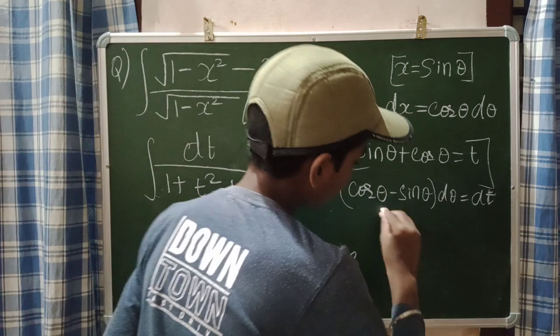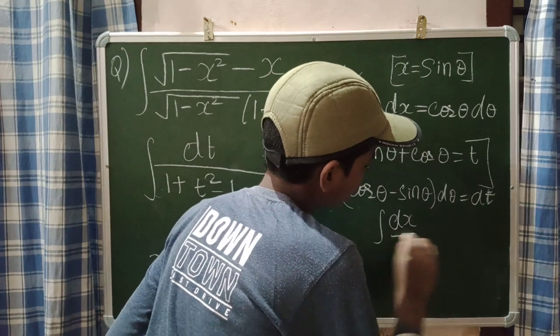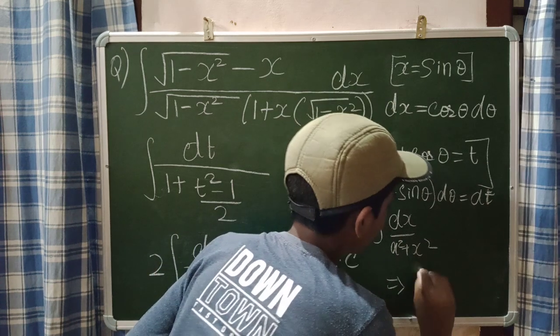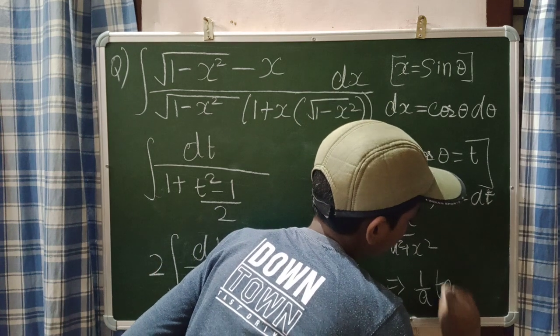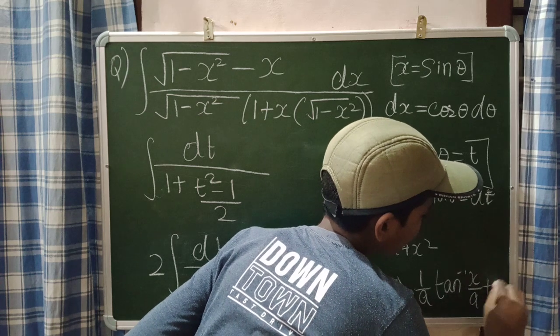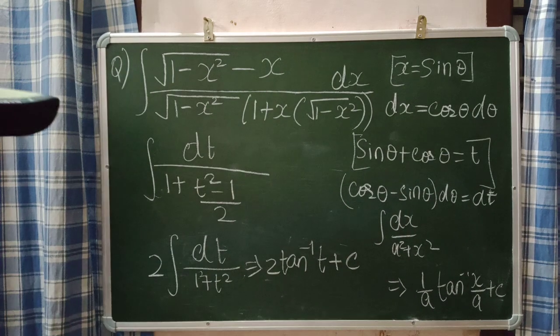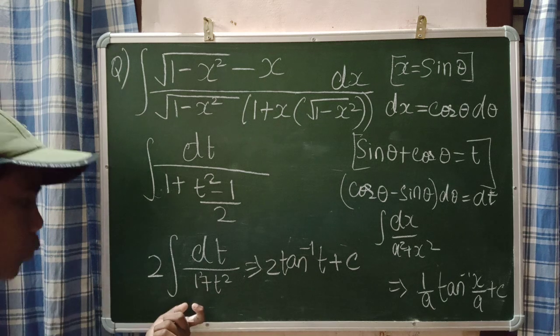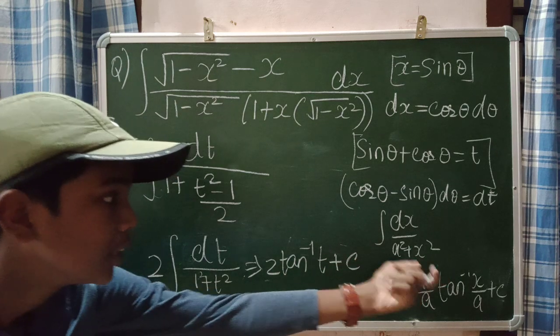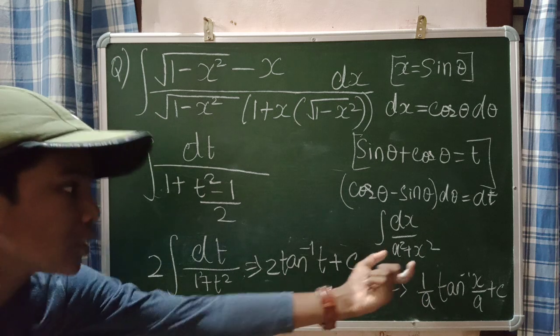So guys, I will write the formula here itself. Integration of dx by a square plus x square can be written as 1 by a of tan inverse of x by a plus some constant. Correct? So that's why I am saying this 1 is your a and this t is your x. Using that formula, 1 square plus t square is the denominator.